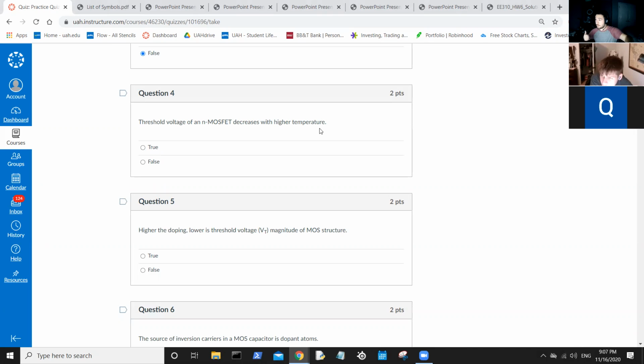When you increase the temperature of a semiconductor, you generate free electrons, right? Those free electrons will combine with the acceptors, creating neutral charges, creating a perceived momentary lowering of the doping density. Therefore, if the total doping density of the system goes down, your threshold voltage goes down with it.